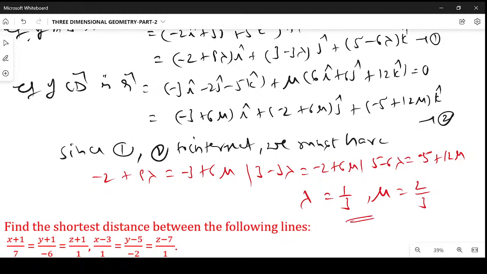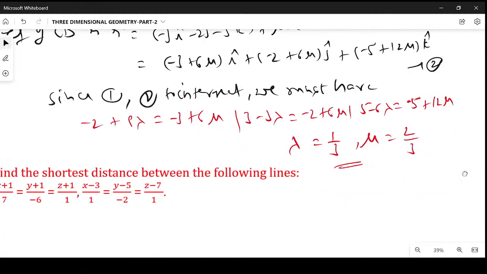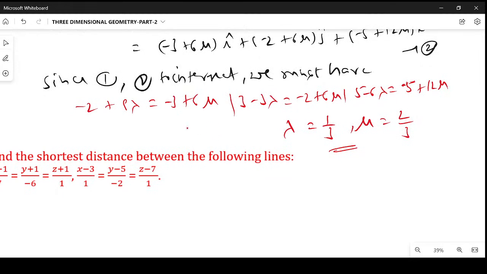After that you can find here, if you put lambda equal to 1 by 3 in equation 1, we get P equal to 1, 2, 3. Similarly, if you put mu equal to 2 by 3 in the second equation, we will get P 1, 2, 3 only. The given point is 1, 2, 3, right? I am not doing it in detail here because we have done the previous problem.